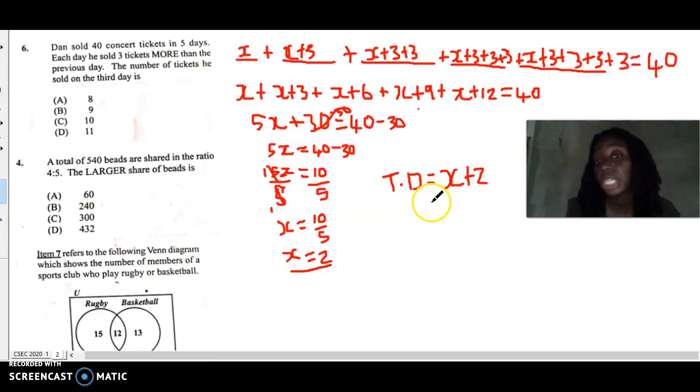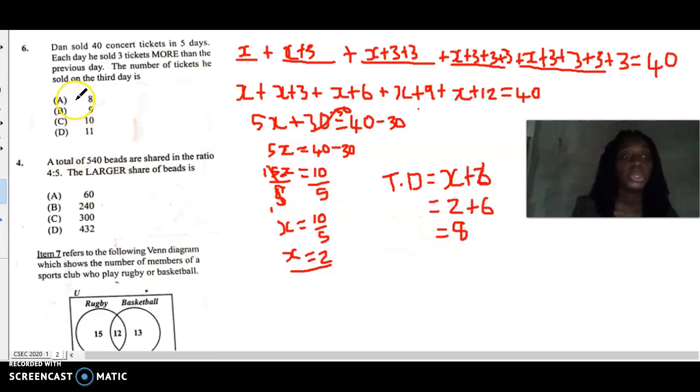So I can actually substitute the value of 2 for x. This is supposed to be 6. My apology. All right, so 2 plus 6 is equal to 8. So it simply means that A is the correct answer.